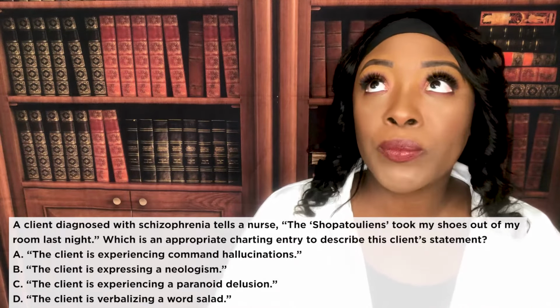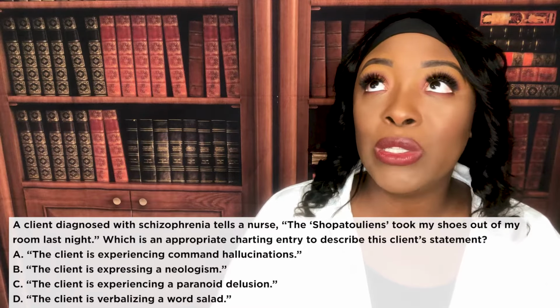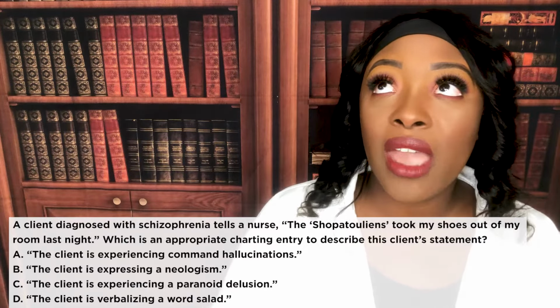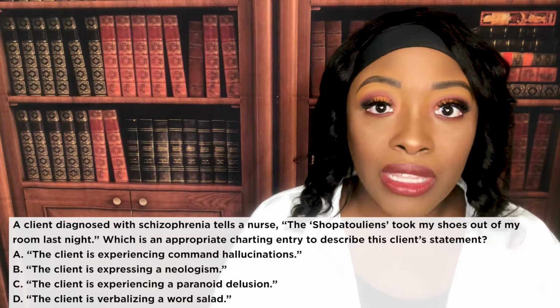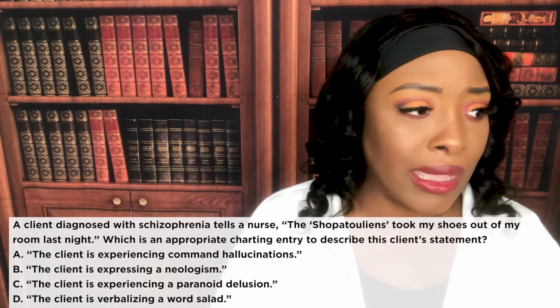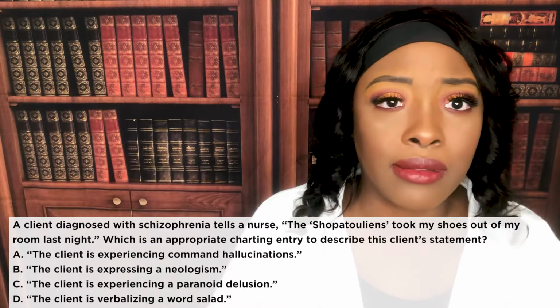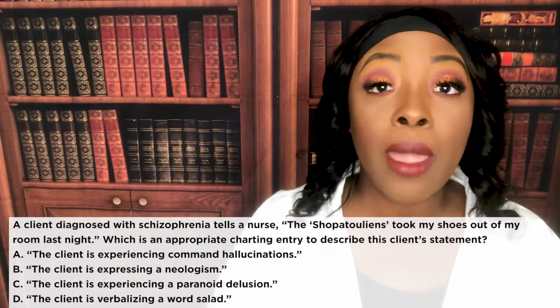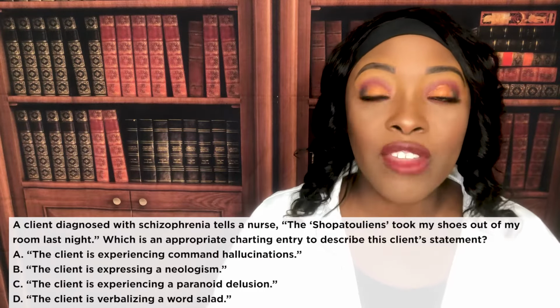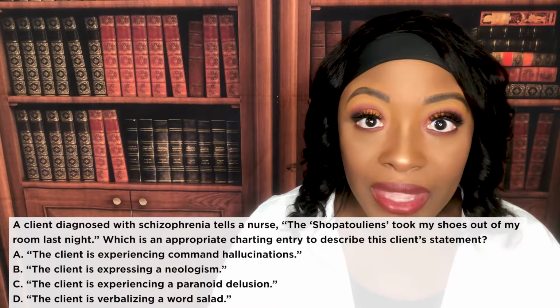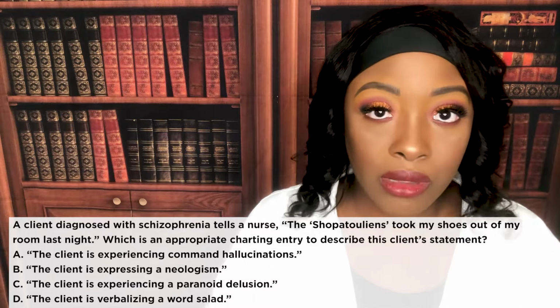So a paranoid delusion would be that the FBI is after me because they want to cut out my brain and use me as a science something, whatever, right? That's a paranoid delusion. That's having a false belief, okay? And that example was persecution.